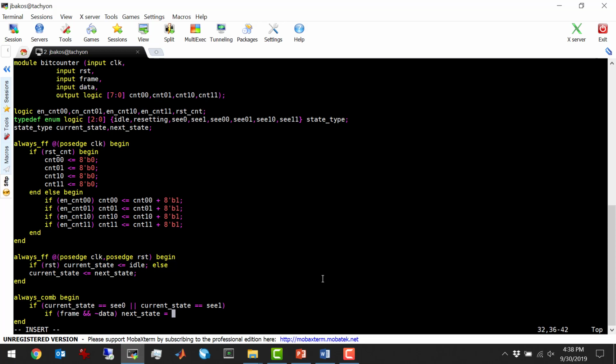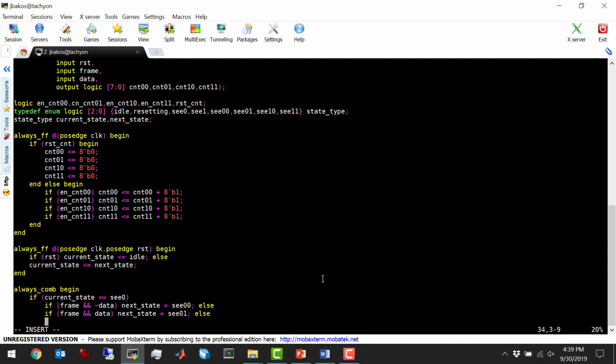So it's just single equals, not less than equals, just equals. The next state is going to be C. Oh, wait a minute. Hold on. No, I screwed that up. I can't combine these together. All right, that's all right. I'll keep them separate. So if I'm in C0 and I get another 0, then I got to go to C00, right? Else, if frame and data, the next state equals C01.